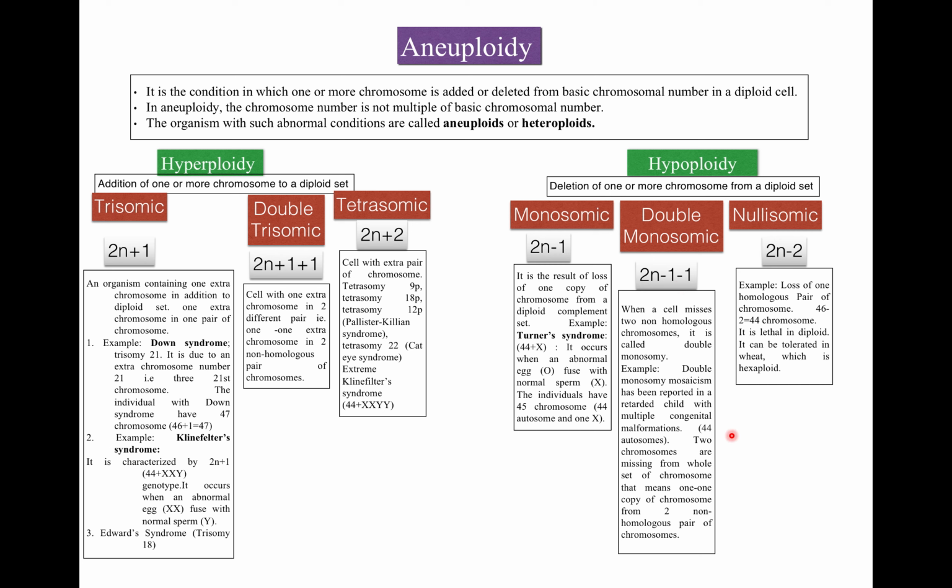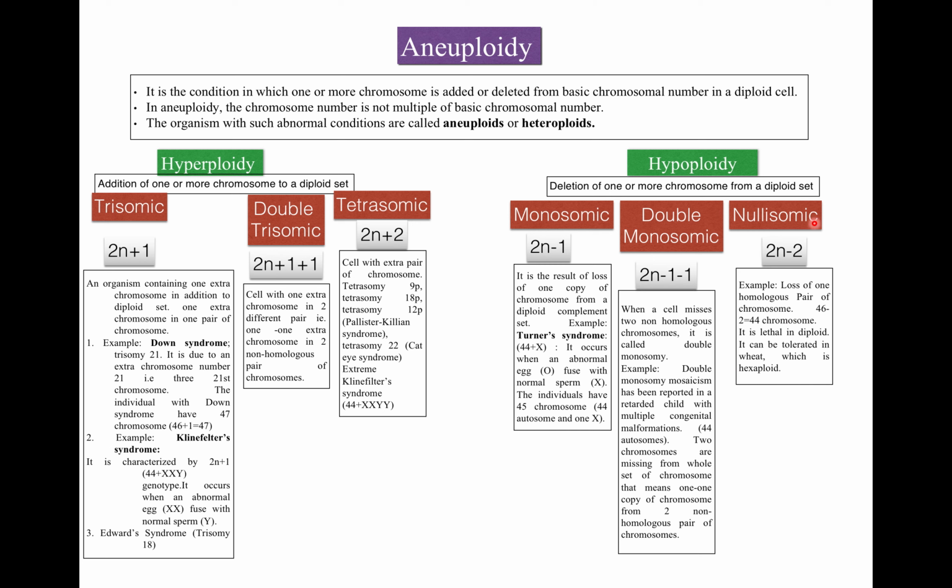So double monosomy mosaicism has been reported in a retarded child with multiple congenital malformations. So there are only 44 autosomes. Two chromosomes are missing from the whole set of chromosomes. That means one copy of chromosome each from two non-homologous pairs of chromosomes.